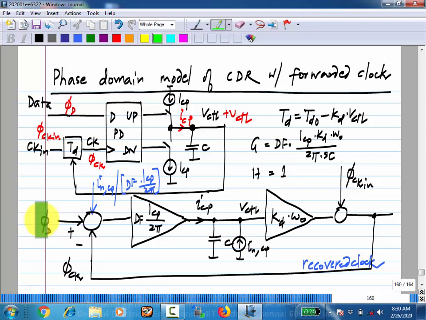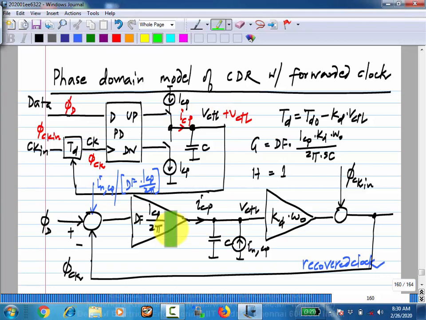What it means is if this happens slowly over many cycles, this loop will have enough time to correct. Okay, so then this phi ck, which are the edges of the clock here, will also track that. As the edges of the data keep sliding to the right, the edges of the clock will also keep sliding to the right because this delay will slowly go on increasing due to the action of this negative feedback.